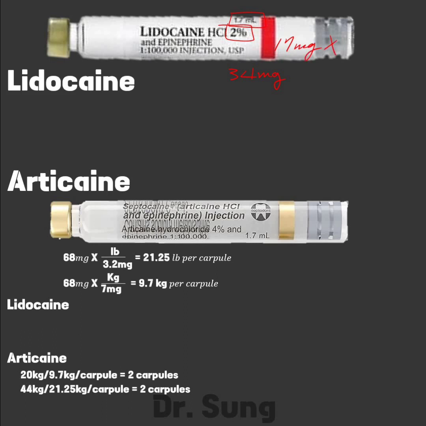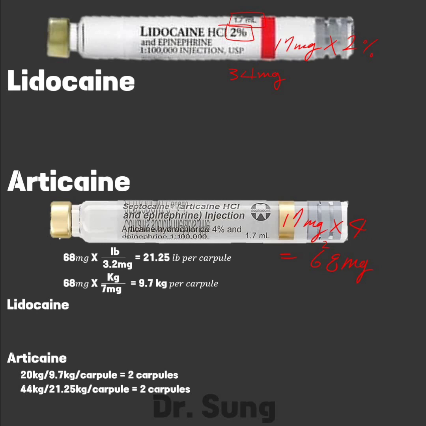So guess how many milligram of Articaine is in this 1.7 milliliter carpule. Yes, in the same way, 17 milligram times 4, then it becomes 68 milligram of Articaine in this 1.7 milliliter.